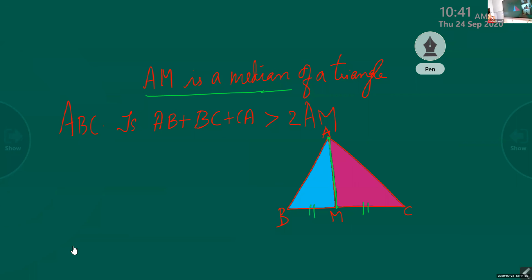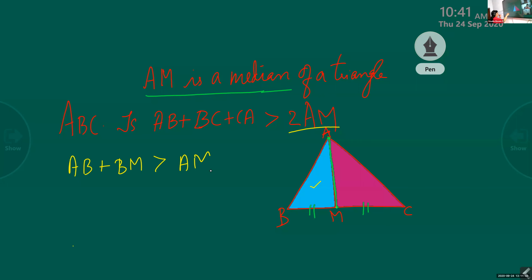Okay, there is no time. 3 more minutes only. So I'll say the answer. Just listen to me. Take this triangle. What is the question about? Question is about 2AM. So AM should be separated. The other two sides you take: I'll write AB plus BM is greater than AM.